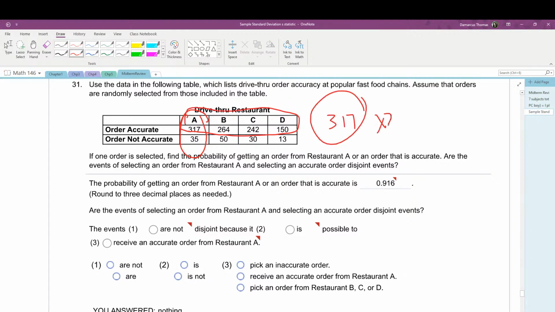You don't want to count that twice when you add up all the numbers. Then you divide by the total number. They don't give us the totals, so you actually have to create the totals yourself.